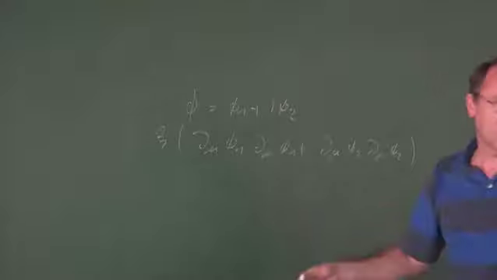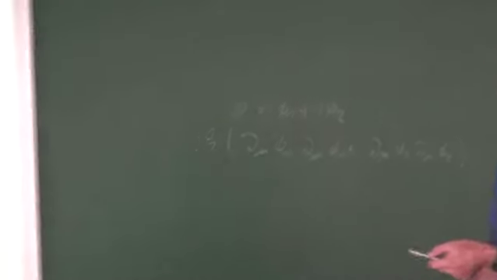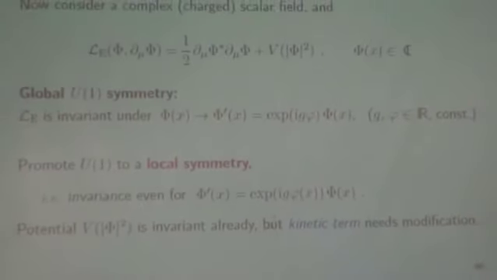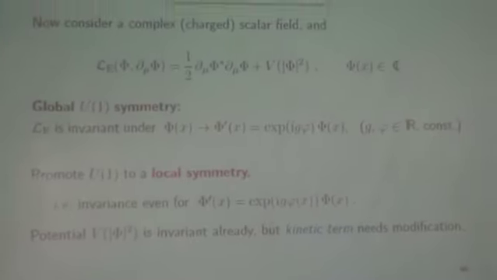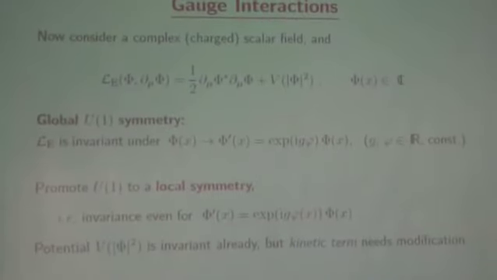So this corresponds to two real scalar fields, which, if the potential keeps them independent, do not mix. And the one half is in this case natural. But again, it's a matter of convention.